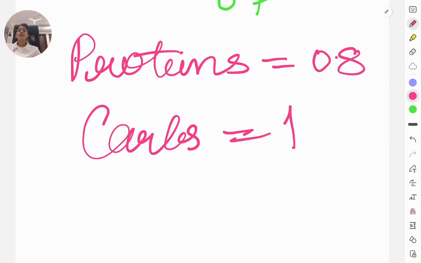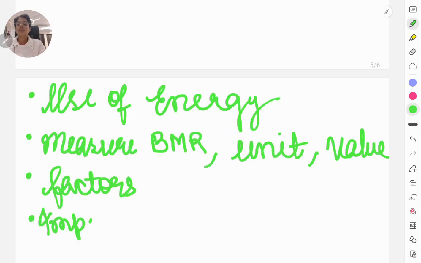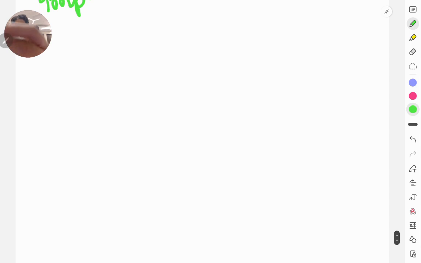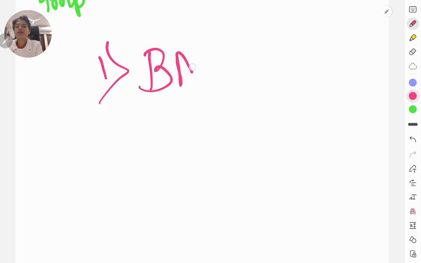Now let's see what happens after we have taken in, we got the energy. Where is this used actually? Now let's see the utilization of energy. The use of energy is in 3 areas. First of all, it could be used for BMR.